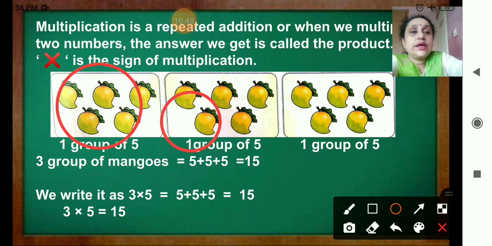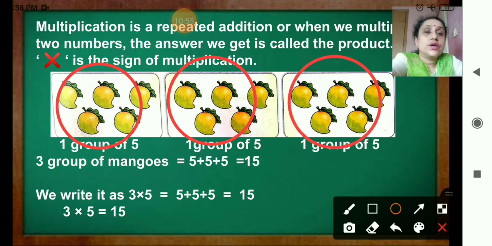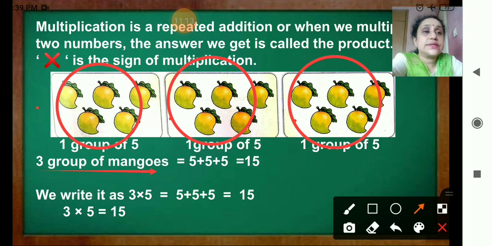Then again this is one group of 5, and this is one group of 5. So how many groups are there? Can you tell me? There are 3 groups of mangoes.